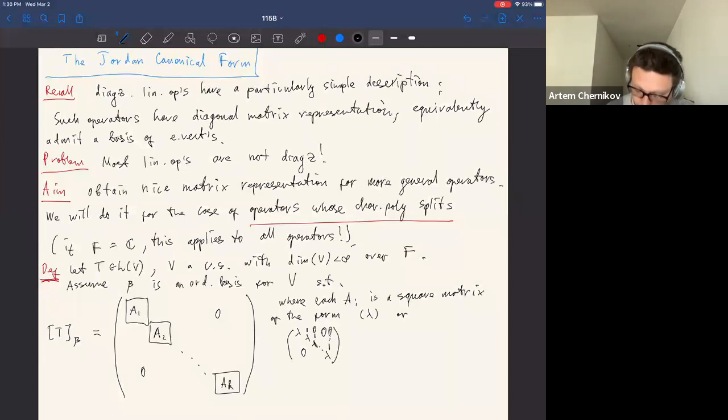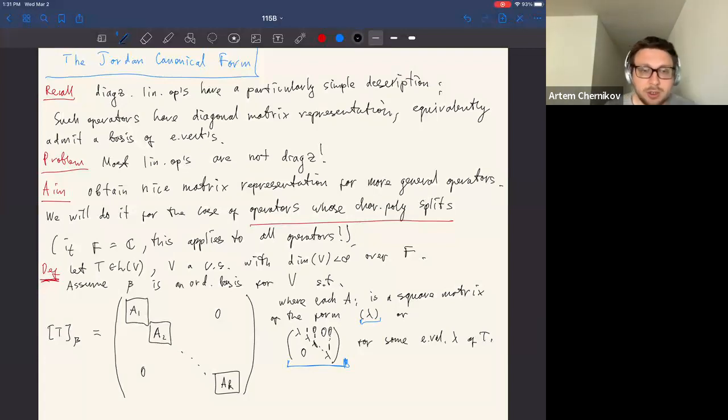Okay. So each block Ai is of this form for some eigenvalue lambda of T. All right. So we assume that our matrix looks like this, a special form. It's a matrix consisting of square blocks on the diagonal and zeros everywhere else. And each block is either just a 1-by-1 matrix with an eigenvalue of T, or it's a matrix of this form, which is a slightly non-diagonal matrix with lambdas everywhere on the diagonal.